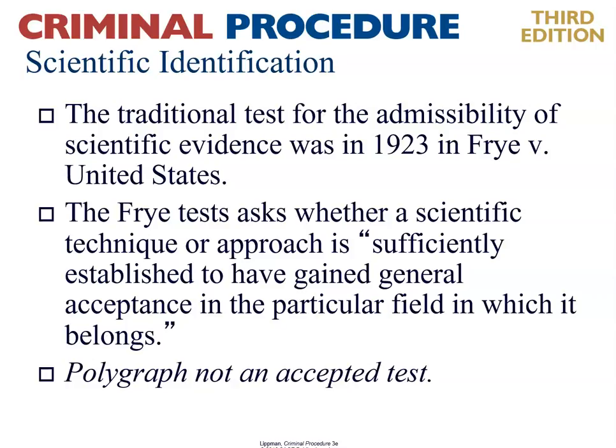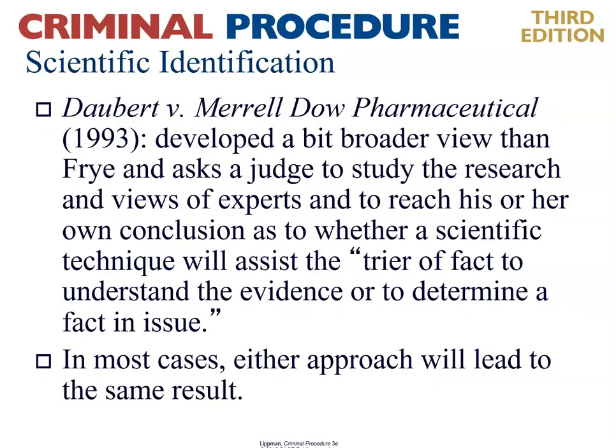So, things like polygraphs, I asked you that question earlier. The polygraph test is not an accepted test because it really isn't accepted by the field, and there are some other issues.